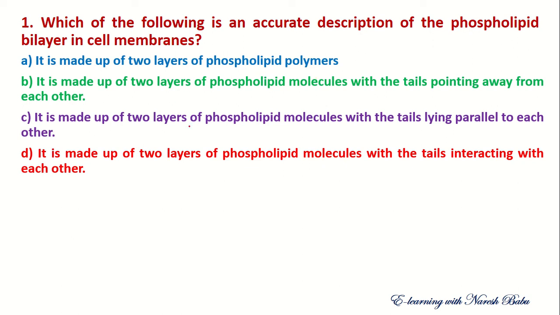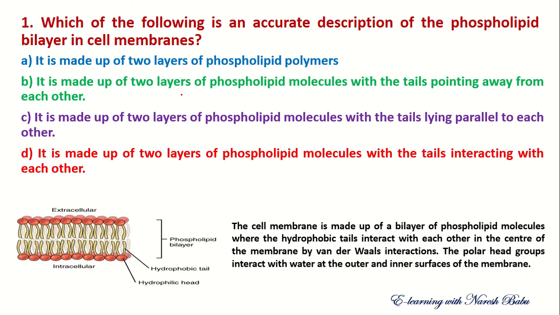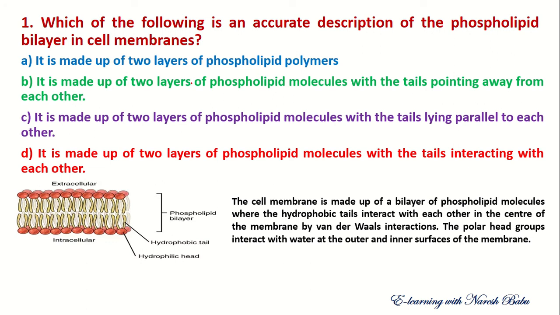If you see the options, all are confusing, but if you know the exact structure of the phospholipid bilayer, you can easily make the answer. If you remember this structure, this is the phospholipid bilayer. You can see the hydrophobic tail, and this red color is the hydrophilic head.